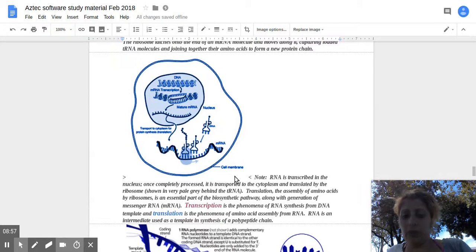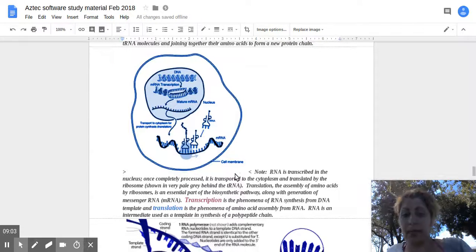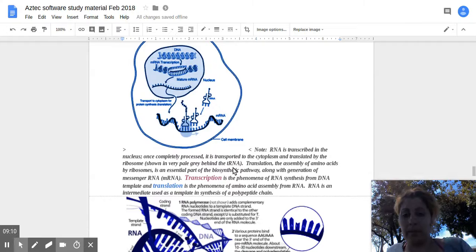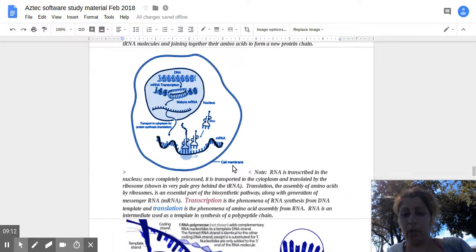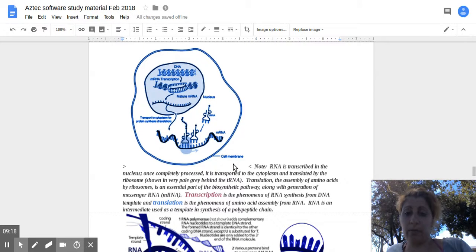So first you have transcription, and then subsequently, once you have RNA made in the nucleus, you have translation in the ribosomes, which is amino acids assembling off the RNA template, which serves as an intermediate for synthesis of polypeptide chains.